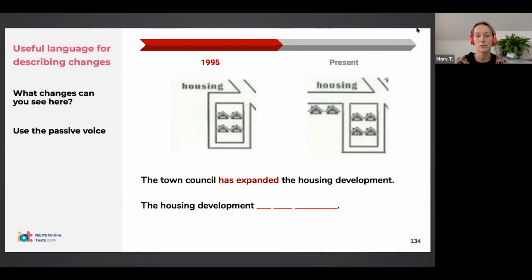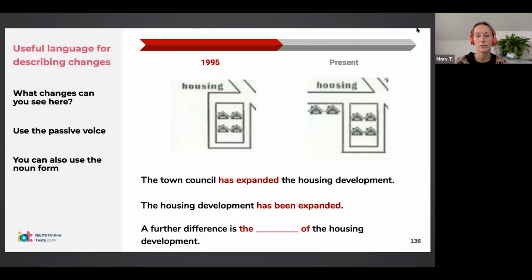The housing development... remember the tense, some of you using the past tense. Yeah, has been expanded, that's right. You really need to make sure that you know the passive very well. So many people make mistakes with that. Okay, and then also you can use the noun form. A further difference is the expansion, that's right. Expansion of the housing development, good.